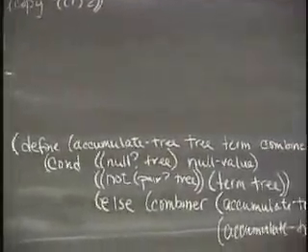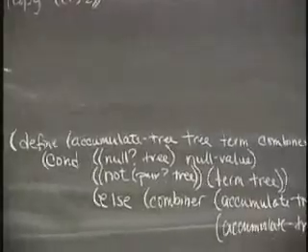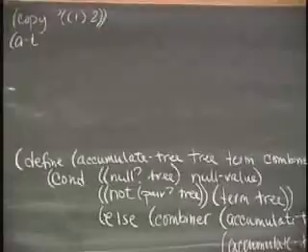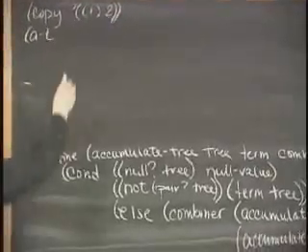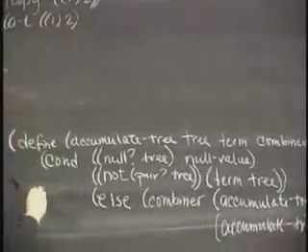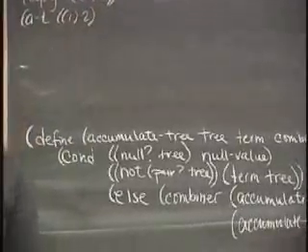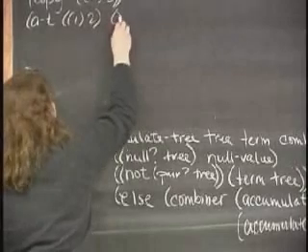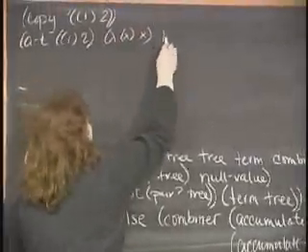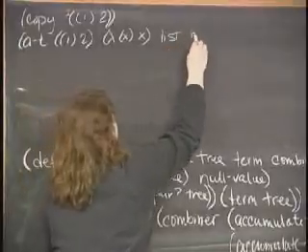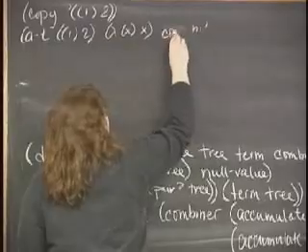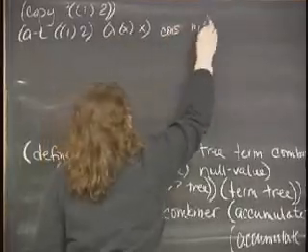So copy 1, 2 sets off a call to accumulate tree, which I will abbreviate as A-T, of the tree, our list 1, 2, our term procedure lambda x x, our combiner cons, and the nil value.